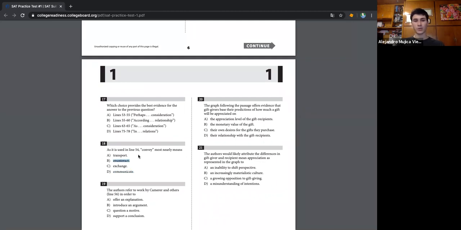Counteract is definitely not the right choice. Transport refers more to a physical transport. And conveying thoughtfulness and consideration, those are abstract concepts. So we're not really transporting the concept. And exchange, we're not really exchanging anything. We're just communicating them, putting them out there. So D is the right choice, okay?